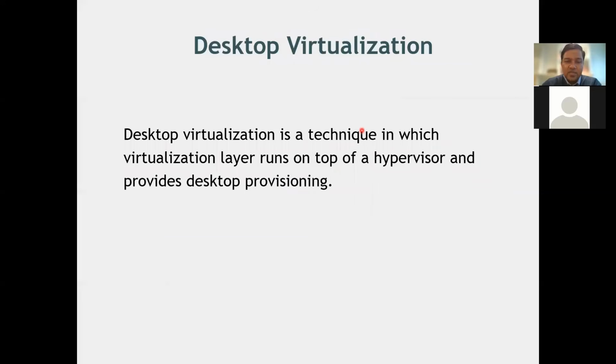Then comes desktop virtualization. I have seen desktop virtualization since 2003, when I first started working in IBM. I had to work on a thin client. IBM had a computer called a thin client, and at that time only a screen and a keyboard were there.